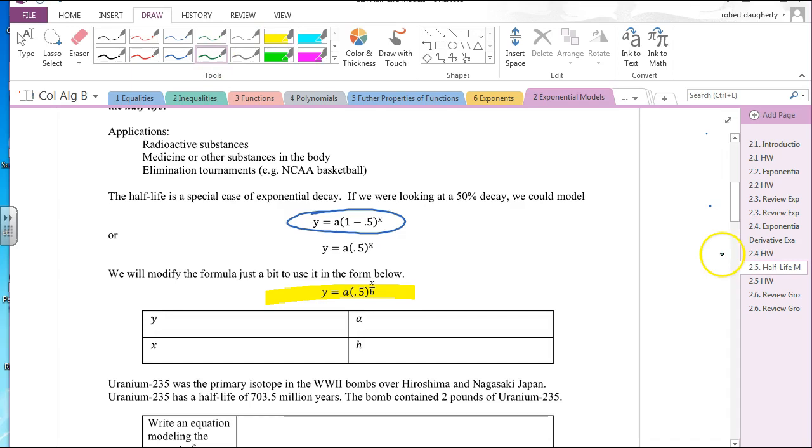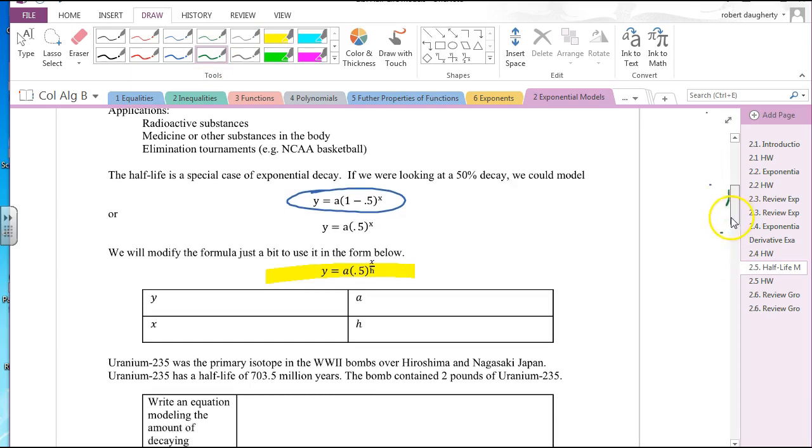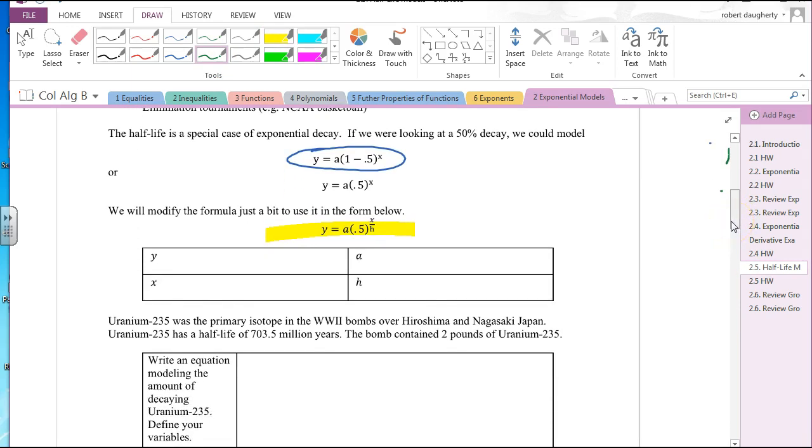So what do these things mean? You should be very used to it at this point. The y means what? Yeah, it's the future value, okay? We've been consistent the whole unit with that. A is the what? Initial value.